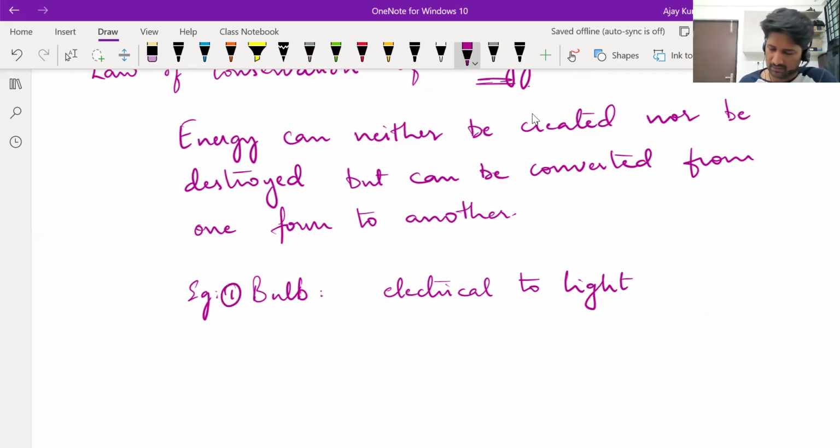Okay. What does a fan do? What kind of energy does a fan consume? Okay, we all know that electrical energy is consumed by it. And what kind of energy does it convert it into?